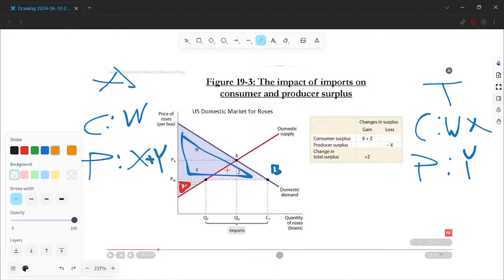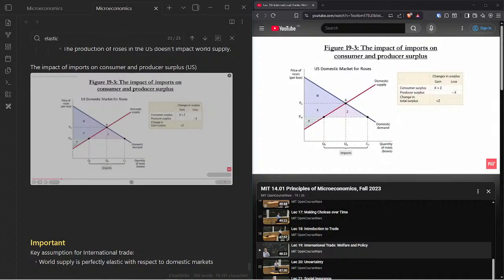V could be here, because producer surplus isn't losing all of this, it's losing this. And so the change in total surplus is Z. So Z is referring to this whole triangle. But I don't understand why it's not split into two smaller triangles. Anyway, okay, we've got it.